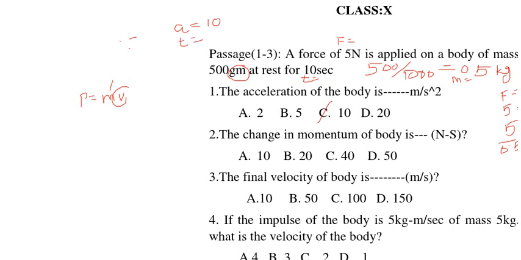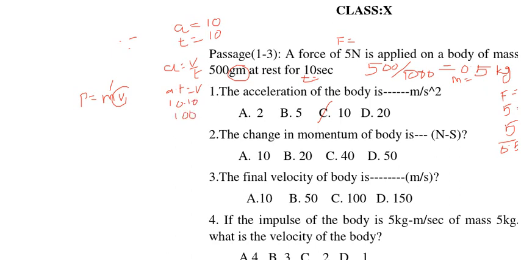We know that acceleration is equal to rate of change of velocity, that is velocity by time. From this, can I write a into t is equal to v? The a value is 10 and t value is also 10, 10 into 10 is 100.